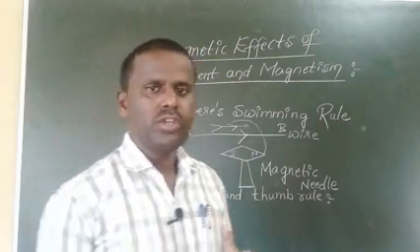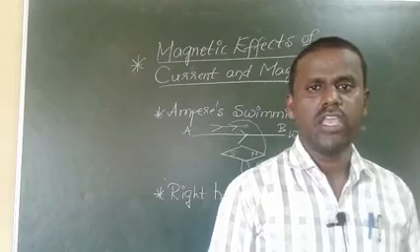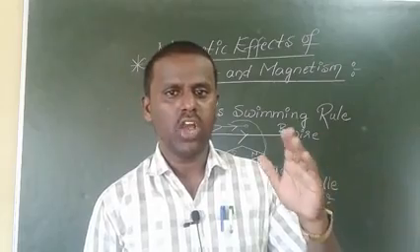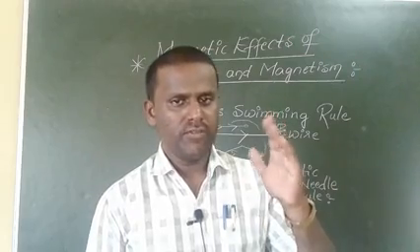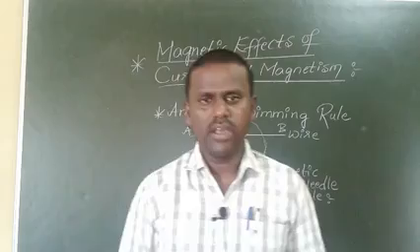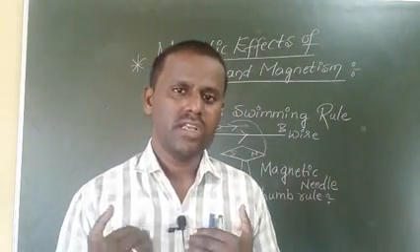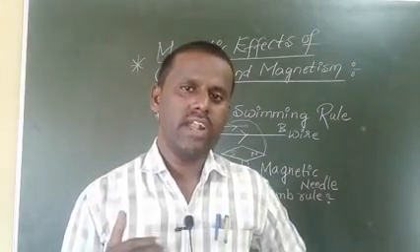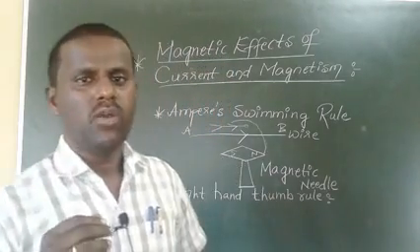So what I am going to tell is, in the surrounding region of the wire there exists a force called magnetic force and a field called magnetic field. If a wire or a conductor is carrying the electric current, then we can experience a magnetic force and hence a magnetic field in the surrounding regions of the wire.